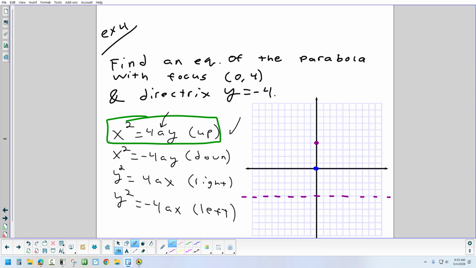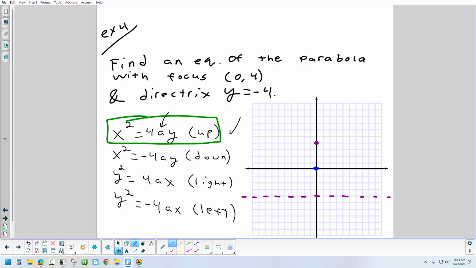No. Not negative 4. 0? No, we can never have an a value of 0 because then it would wipe out the right-hand side completely, and we wouldn't have a parabola anymore. 4, yes. So the a value is 4, the distance between the vertex and the directrix, or think of it as the vertex and the focus.